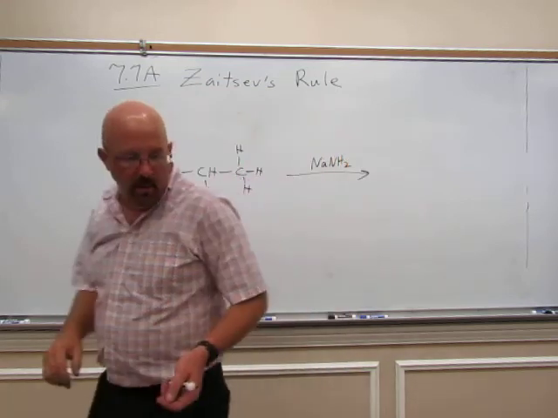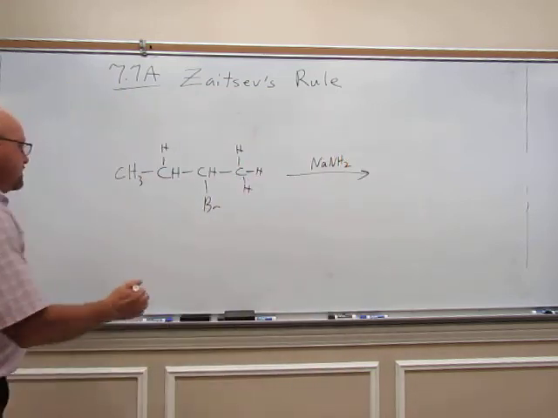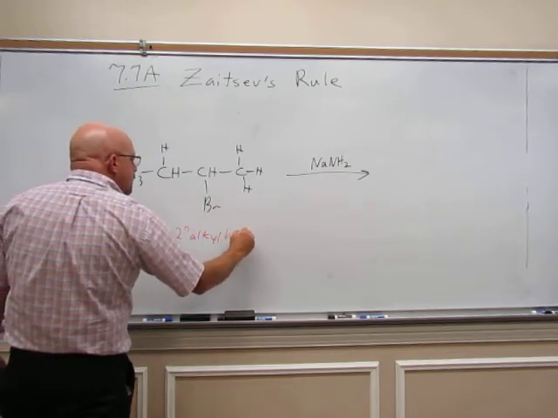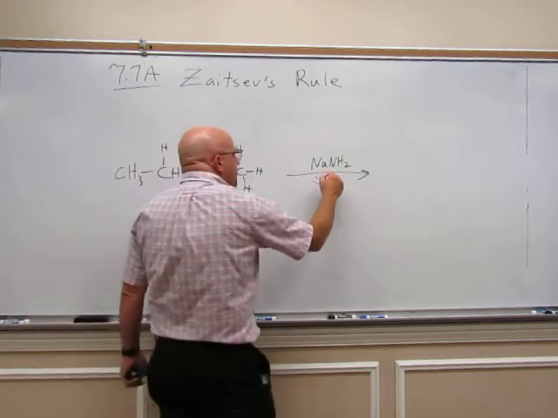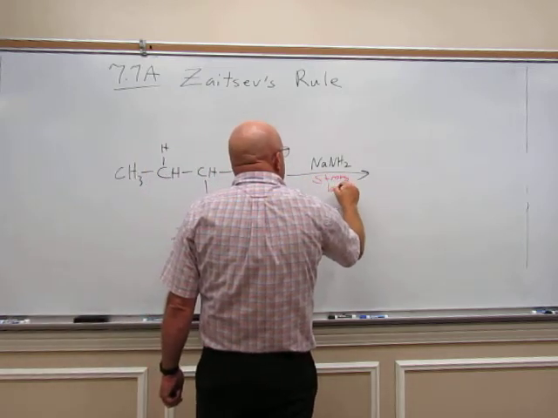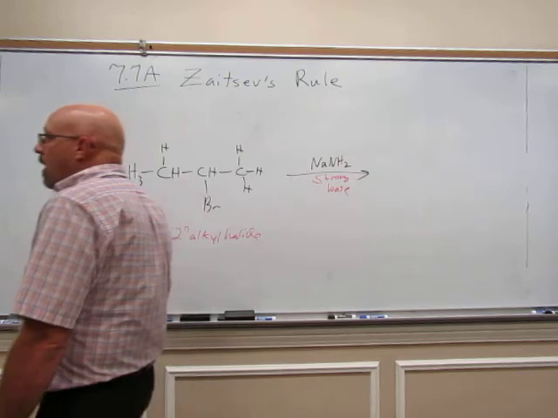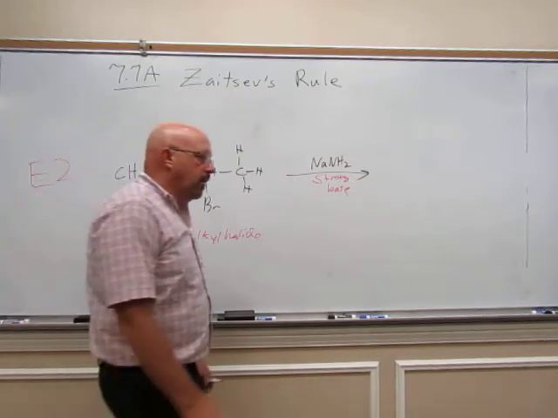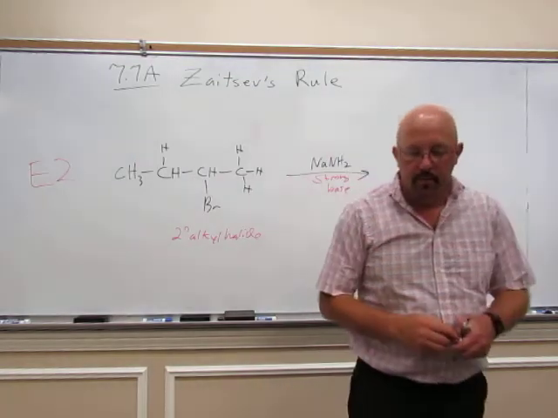So if you examine our reaction, we have a secondary alkyl halide. We have strong base. Secondary alkyl halide with a strong base will do an E2 elimination. So we know we're going to get an alkene as our product.